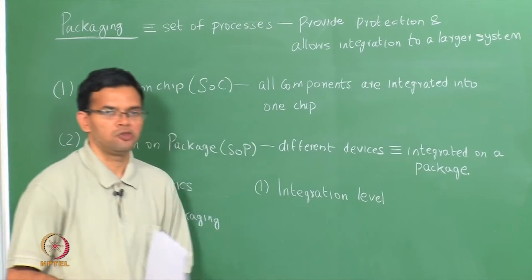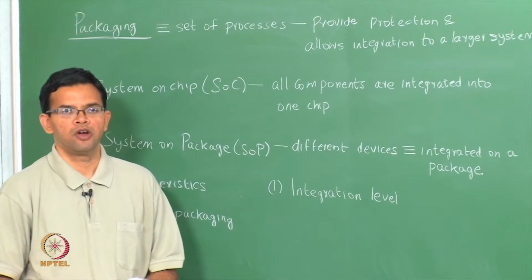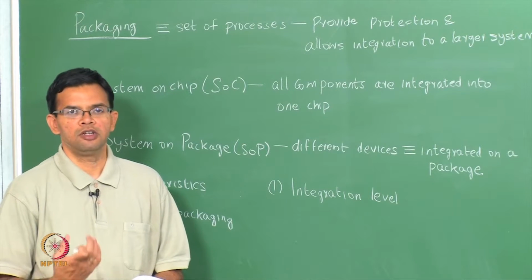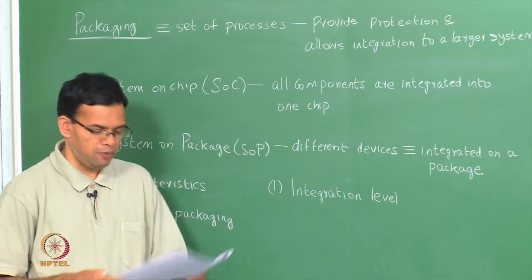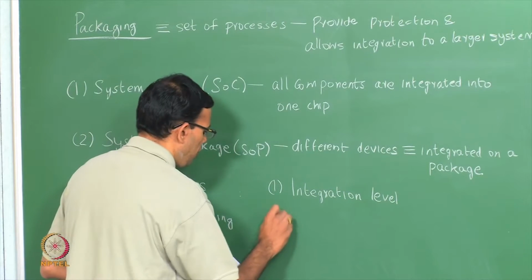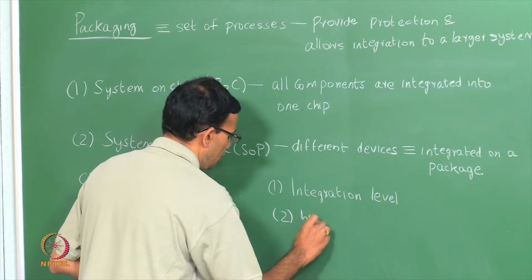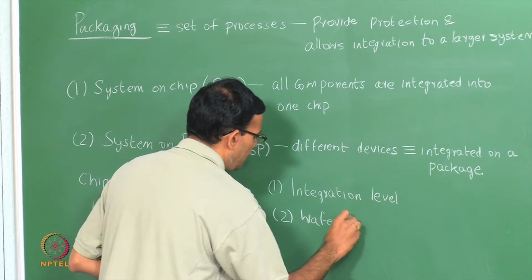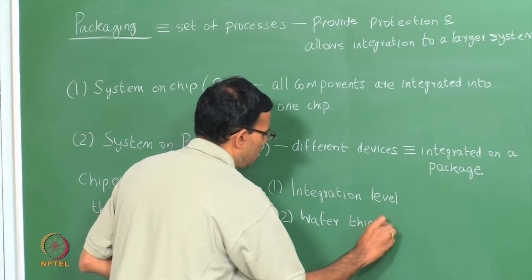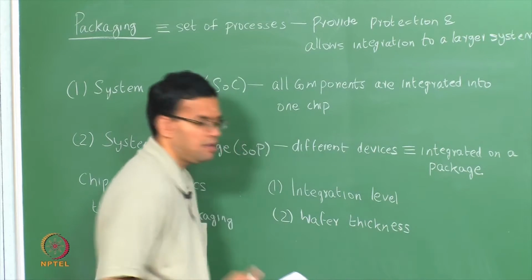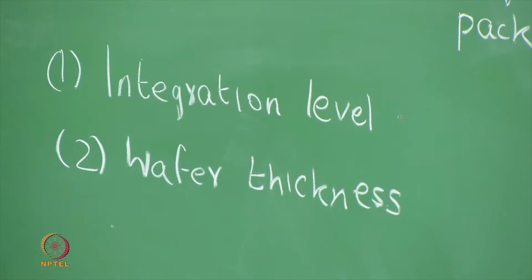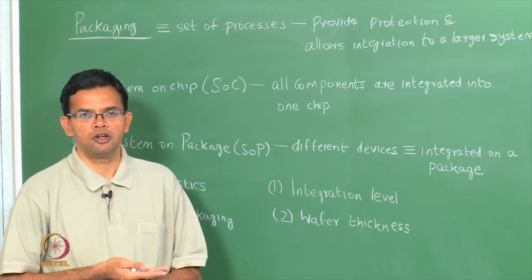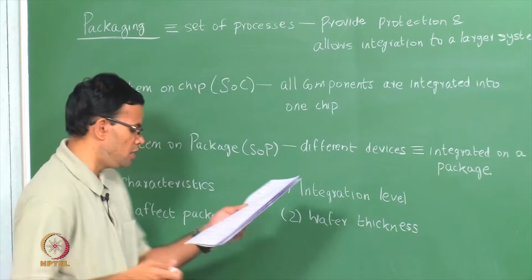So, this refers to whether you have a system on chip or a system on package. It also defines things like how many leads you have and how many connections have to be made and so on. The wafer thickness. So, later we will look at the various steps in the packaging process, and one of them is to actually thin the wafer down, so that when you start with a wafer that is typically 700 microns thick, it is thinned down to a few hundred microns, so that packaging becomes easier.